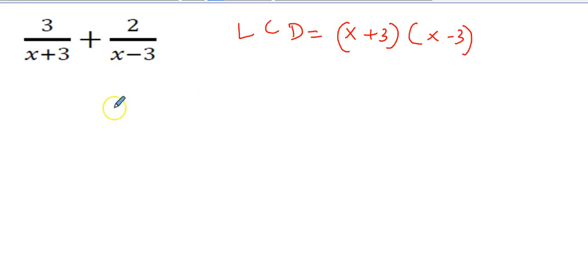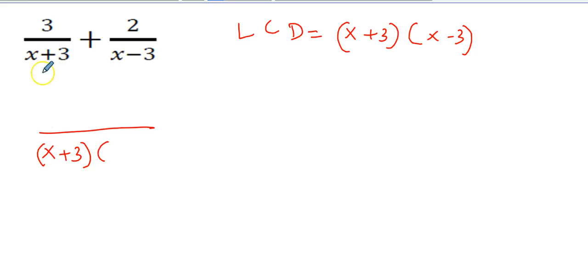So my next task is to change this denominator x plus 3 as x plus 3 times x minus 3. How do you do that? Let us see. This denominator, I have x plus 3, but I'm looking for x plus 3 times x minus 3.